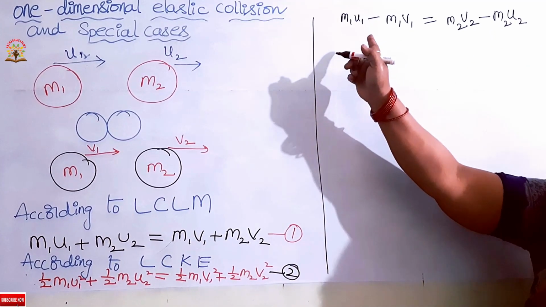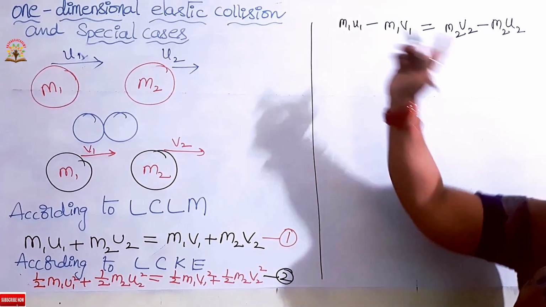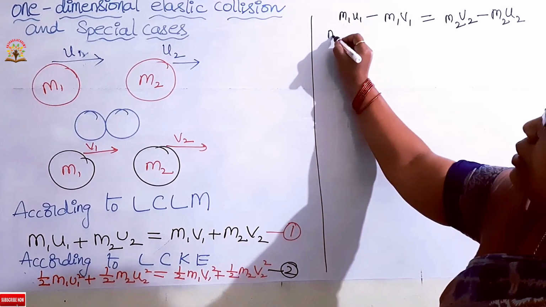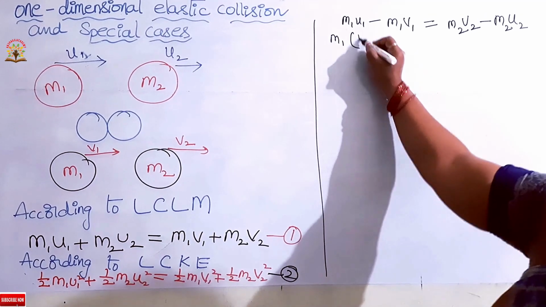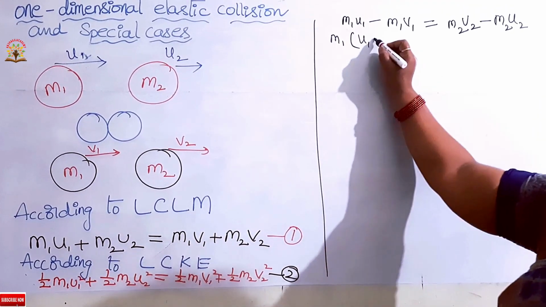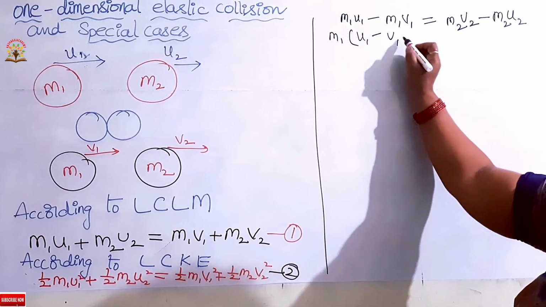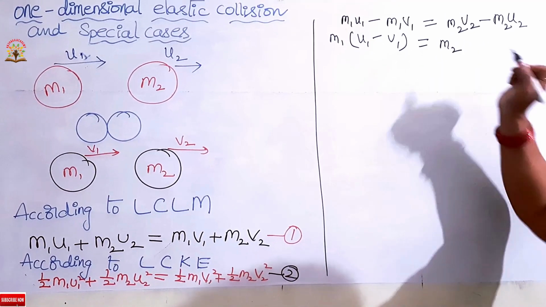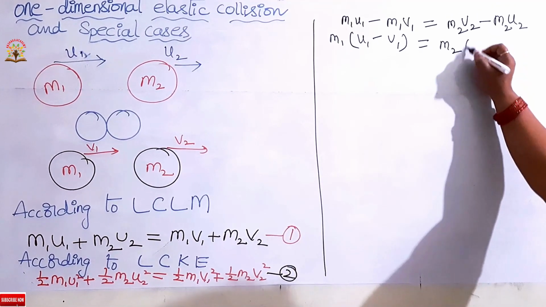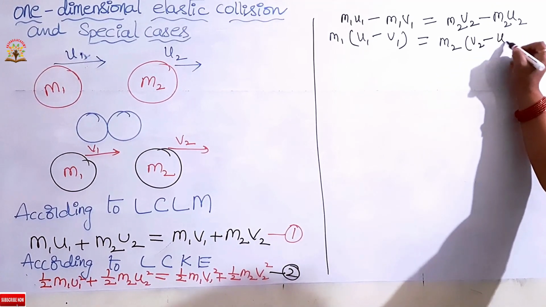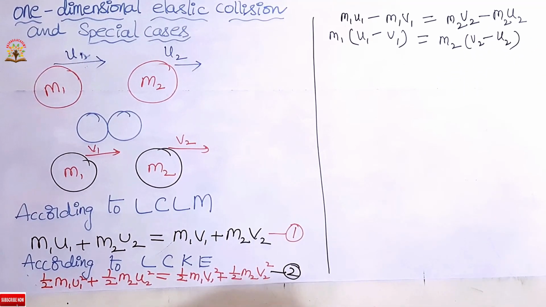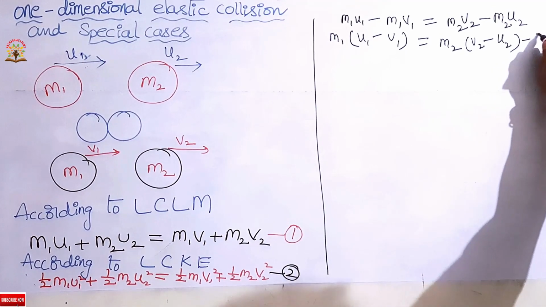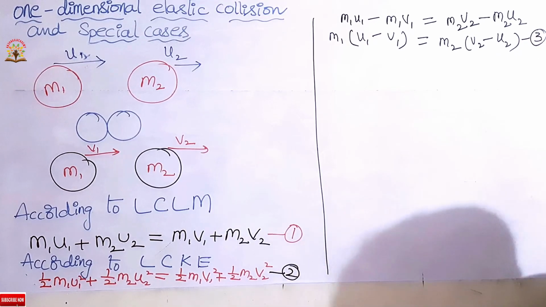In this, which is common? m1 is common. Take m1 common: u1 minus v1 is equal to, here taking m2 as common, v2 minus u2. Consider this as equation number 3.